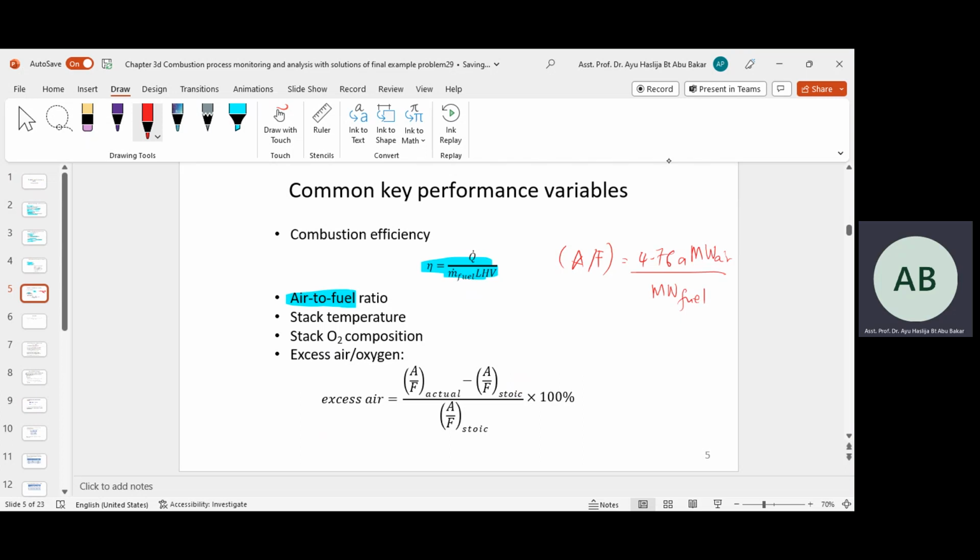This is the AF equation, where in the actual and stoichiometric cases, we can cancel out the same amount: the molecular weight of air, molecular weight of fuel, and 4.76. So leaving only the A. If you simplify the equation, you can also write it in terms of A actual minus A stoichiometric over A stoichiometric.